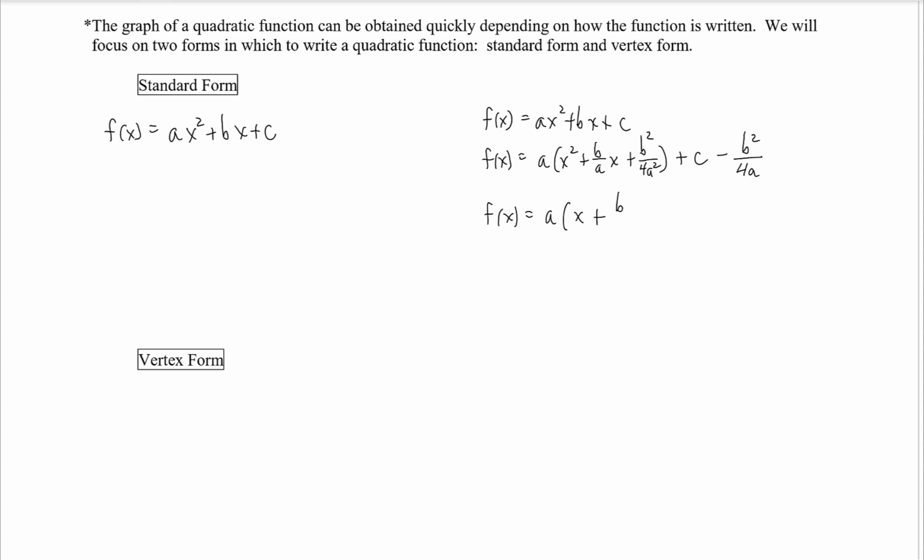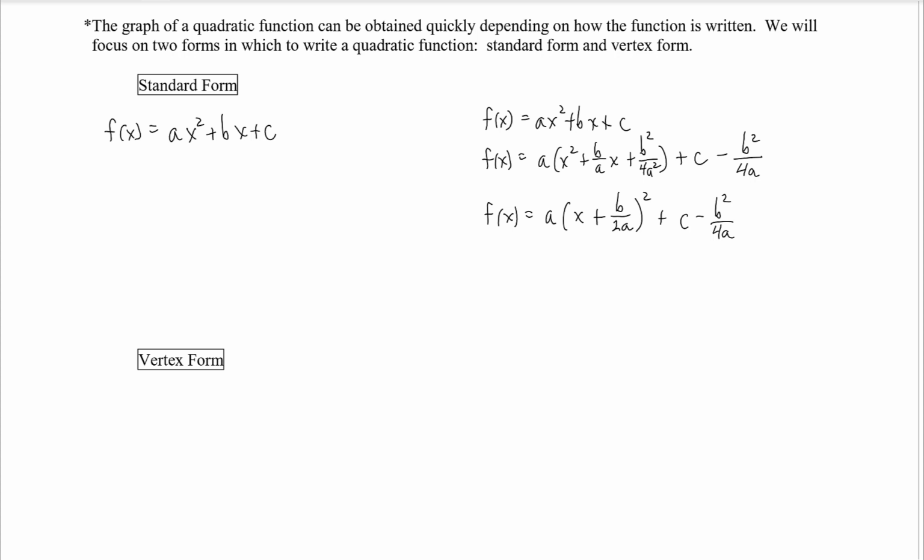So it'd be b over 2a squared. And then this whole thing is just a constant, so plus c minus b squared over 4a. And then what this gives us is what's called vertex form. It looks kind of scary and doesn't look all that helpful, but it is.